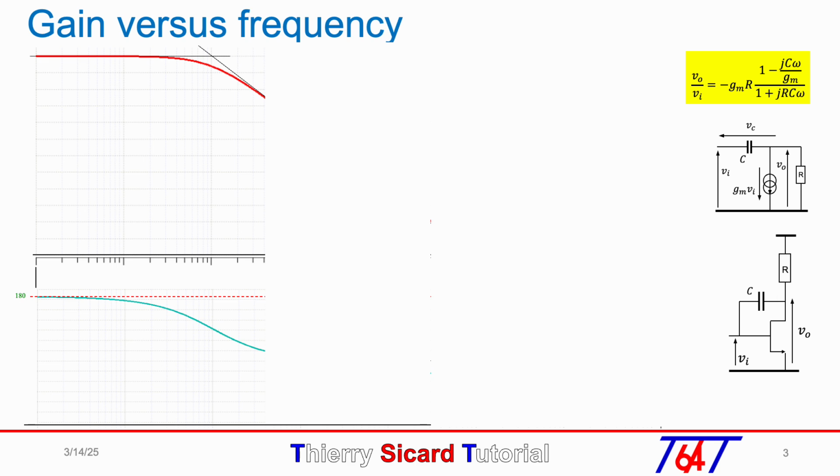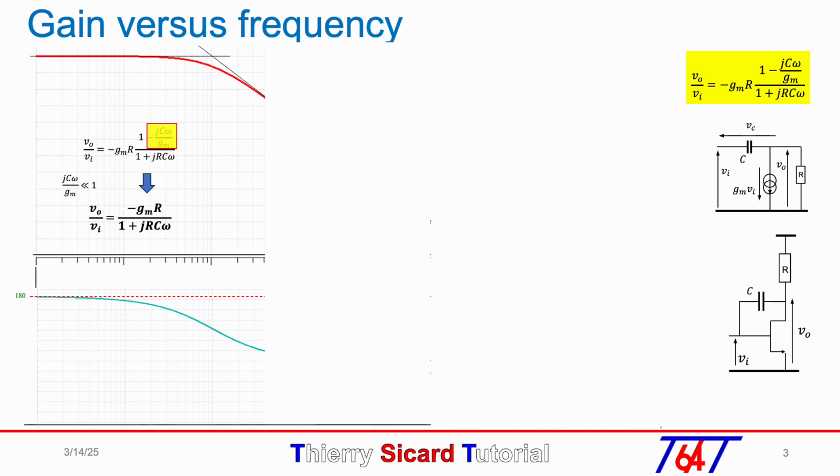In the gain equation, since the Jc omega over Gm term highlighted in yellow is very small compared to 1, the low frequency gain equation can simply be minus GMR over 1 plus JRC omega.